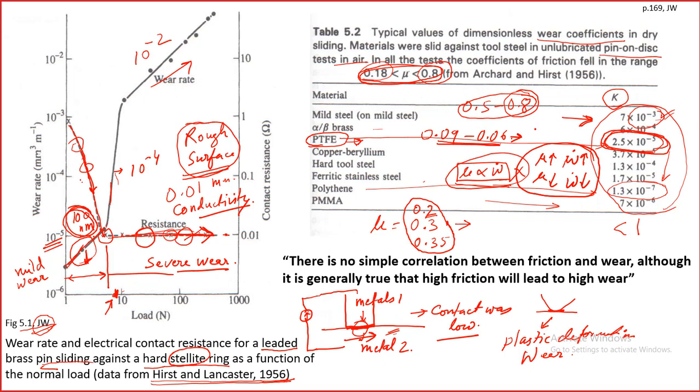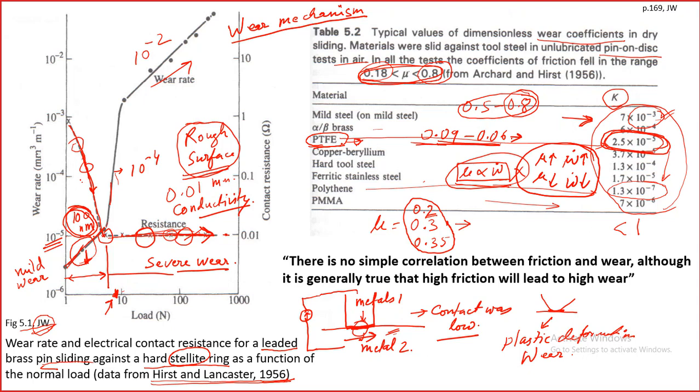What kind of wear will occur as we have a very low value of friction coefficient? Under different situations we have different wear mechanisms, and this mechanism controls the level of wear or the rate of wear. Okay, so sir, whether the wear will be very less based on the statement that you have written below, like very high friction will lead to high wear?